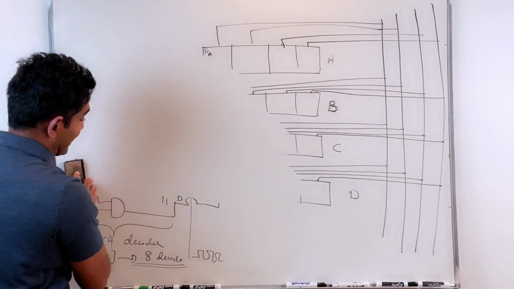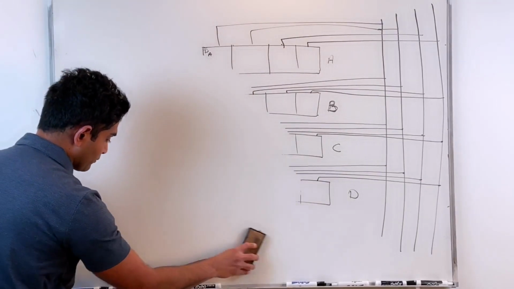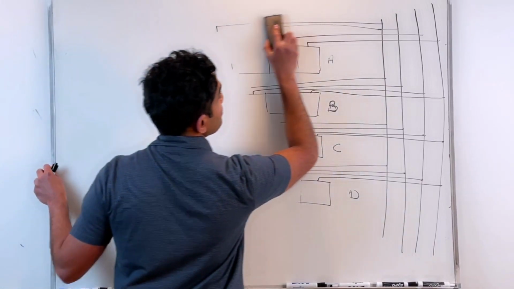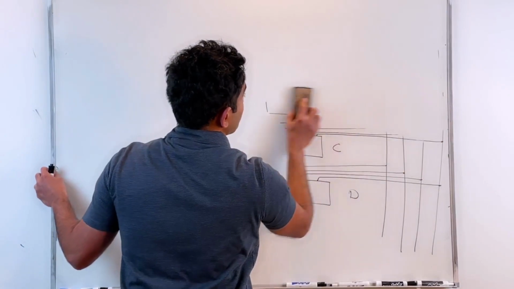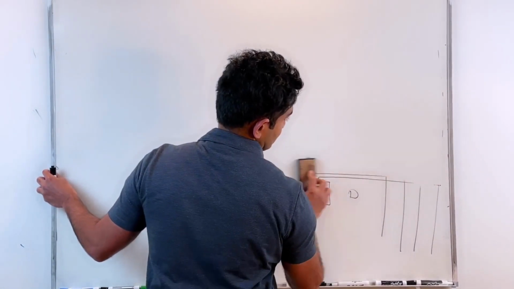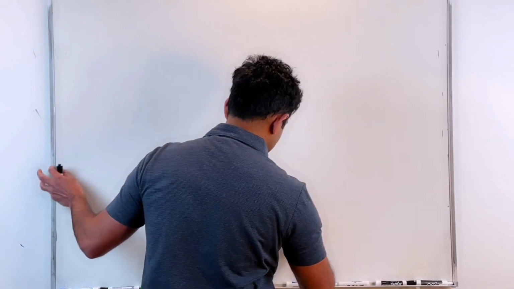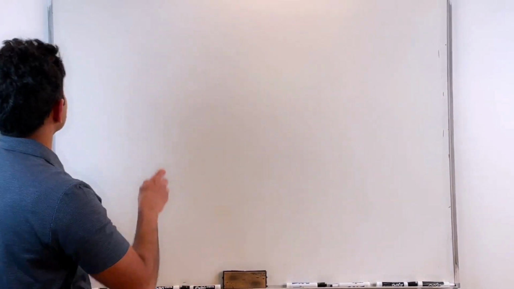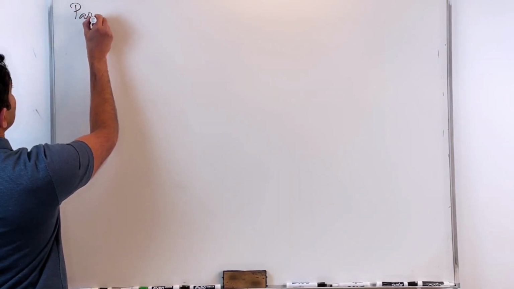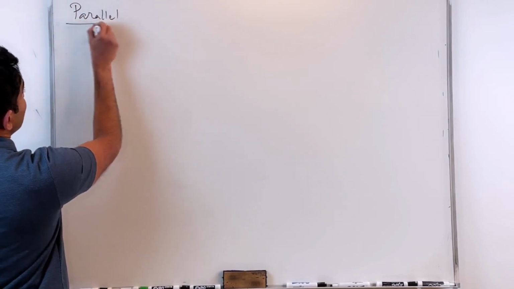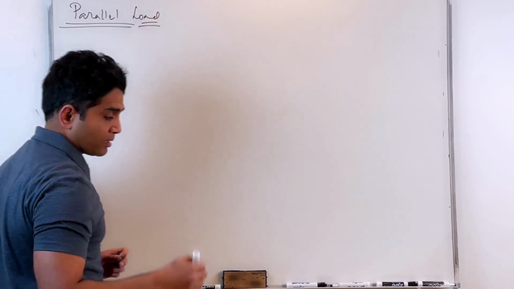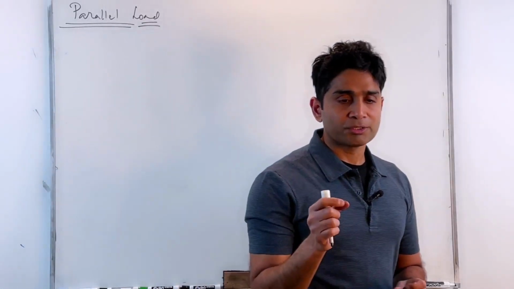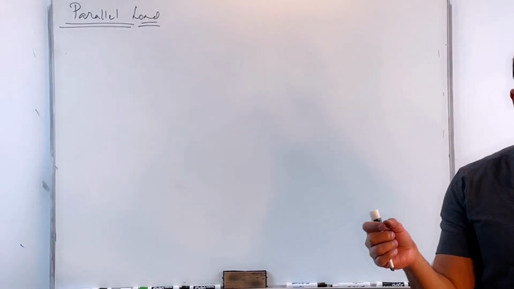So these are some of the applications. I'm looking at some of the applications of flip-flops. We looked at the D flip-flop. Now, we just looked at the example of a parallel load operation, where each individual data line is connected to one flip-flop.